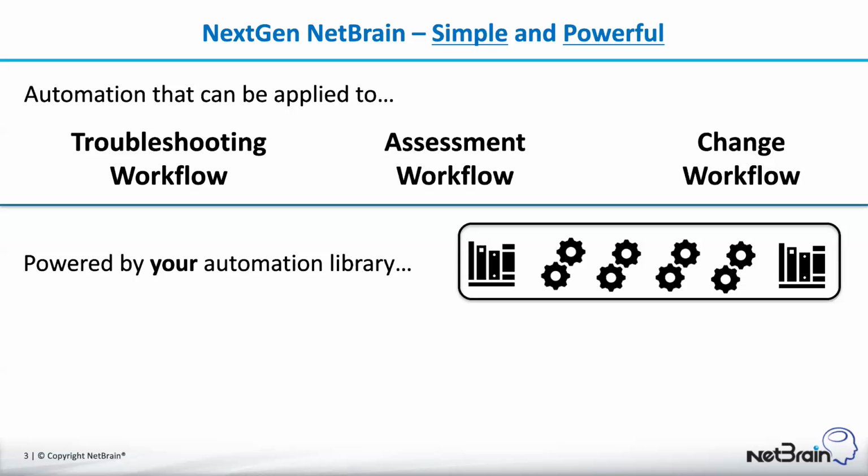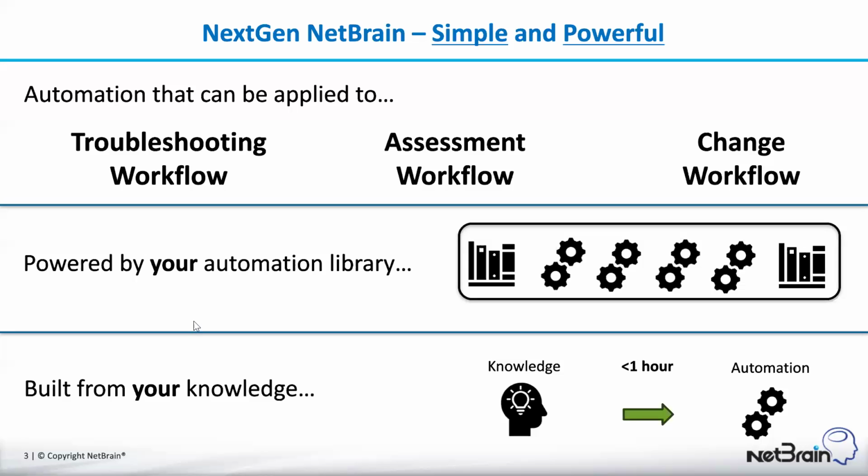So what this means is that with NetBrain now, and especially NetBrain NextGen, you have the power to really create your own robust library of automation. That's not only powered by automations that we provide in our reference libraries that are free to download within the product, but also the automations that you build in minutes yourself with no-code automation.